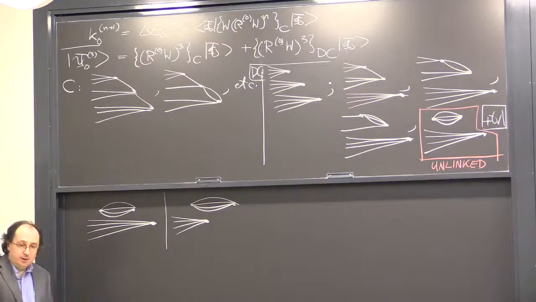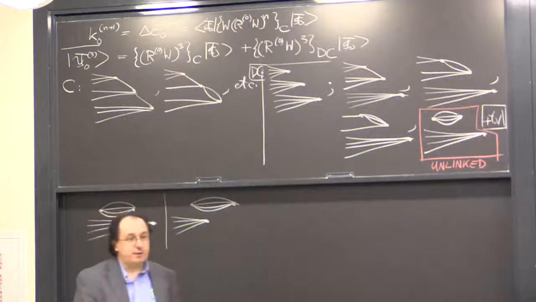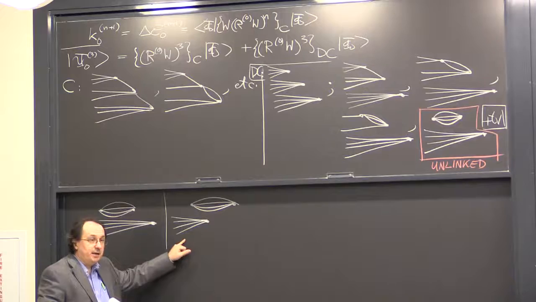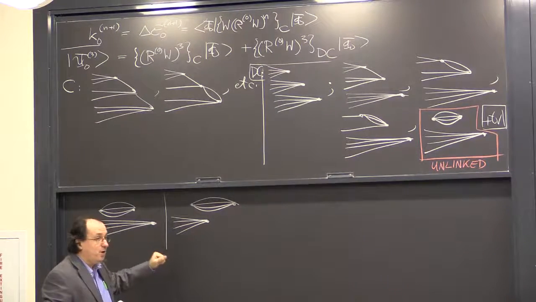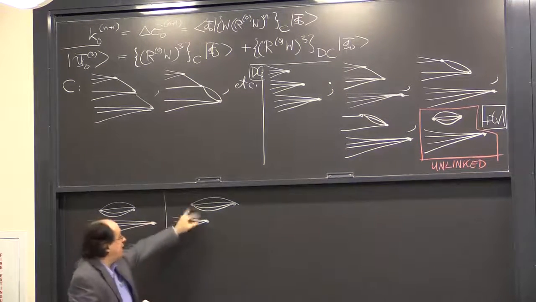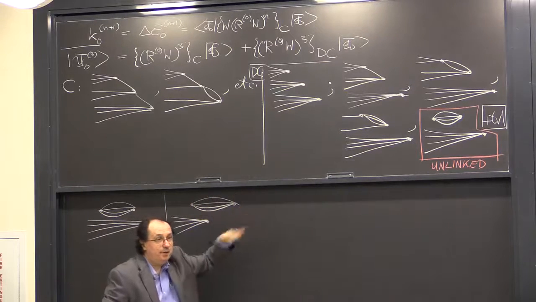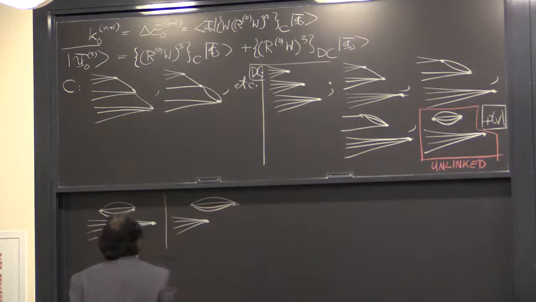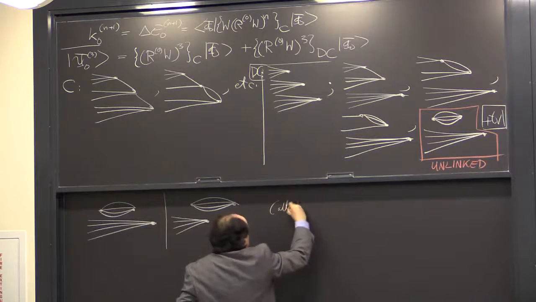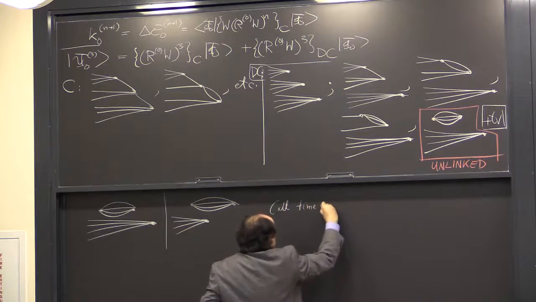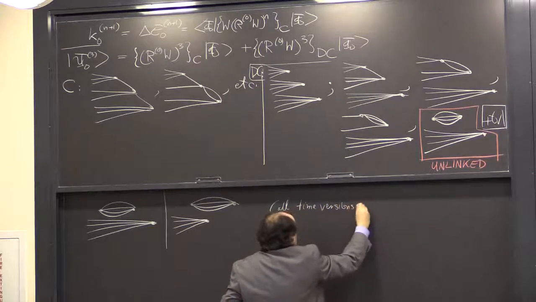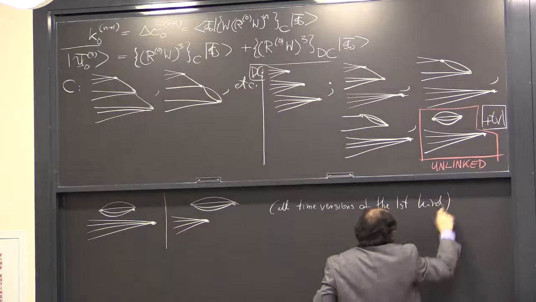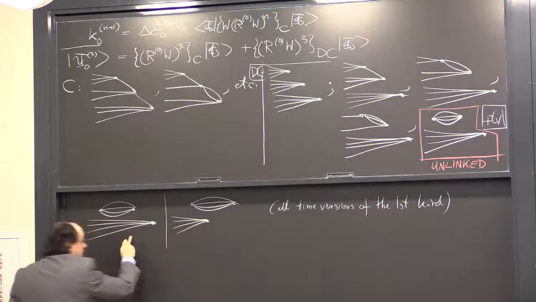As I also emphasized, just like for every other disconnected diagram that we are having here, all are time versions of the first kind, because if you try to form a third possibility, which is taking this piece and writing it here, you would end up with dangerous denominators, which are not allowed in MBPT, meaning that those are indeed all time versions of the first kind of this particular piece.